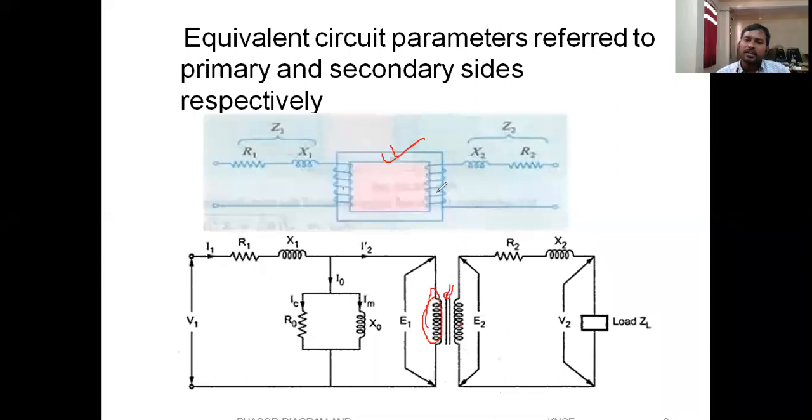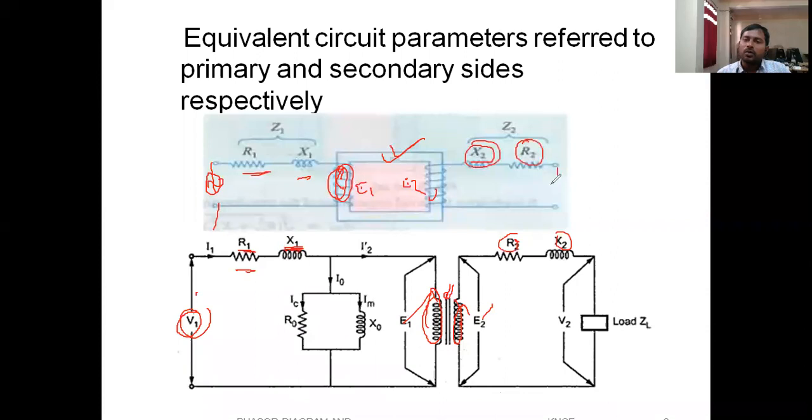The AC voltage is applied here. Whatever resistance and reactance the primary coil has is represented with R1 and X1, and the secondary winding's resistance and reactance is represented at the secondary side as R2 and X2.